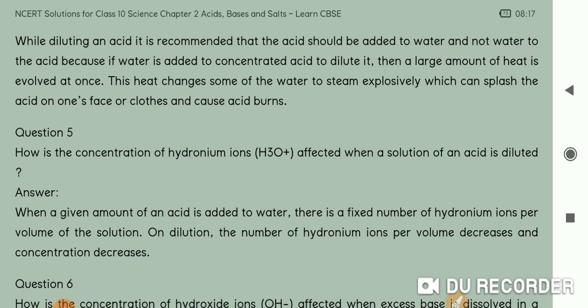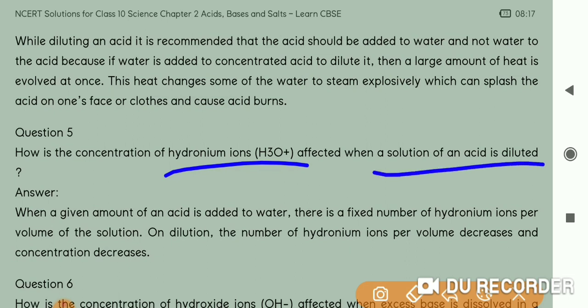Okay, so question number 5, how is the concentration of hydronium ions, H3O plus ions, affected when a solution of acid is diluted? When a given amount of acid is added to water, there is a fixed number of hydrogen ions per volume of the solution.